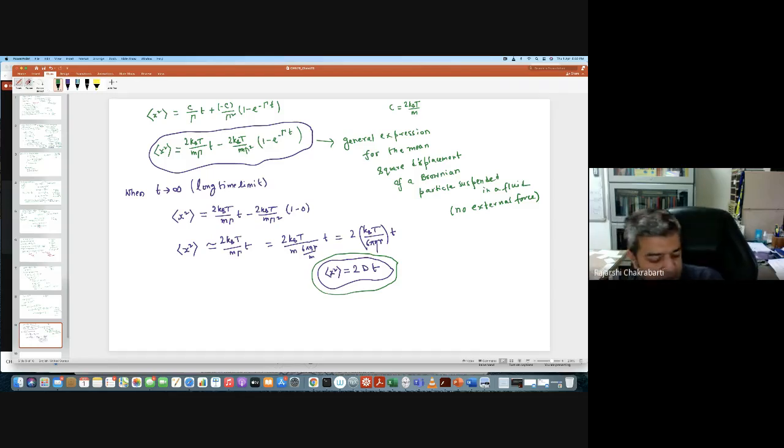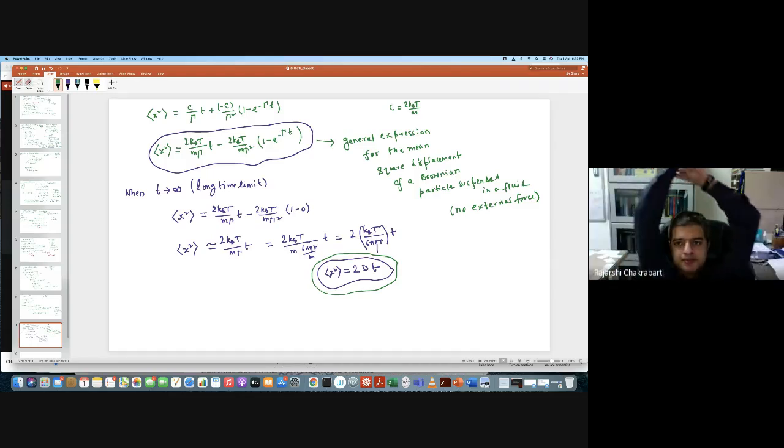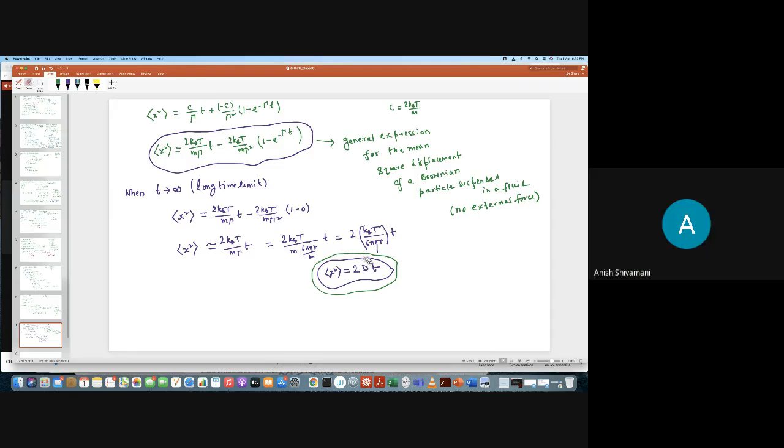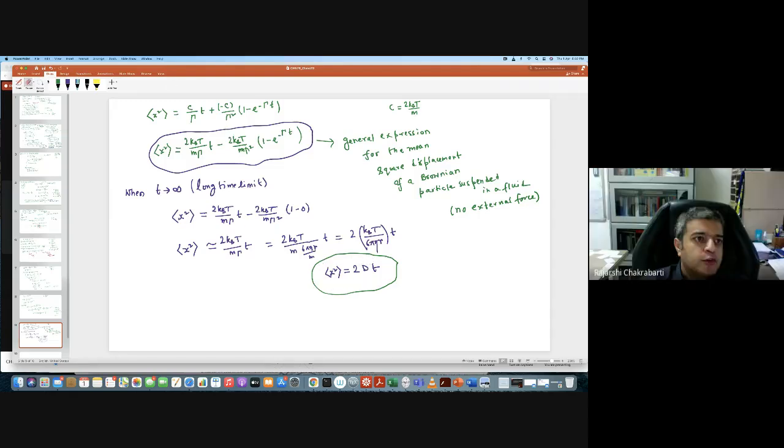In the long time limit, you get x square equals to 2dt, and it exactly matches with Einstein's treatment. Can you see that? So this is very interesting. A lot of physics is going there.